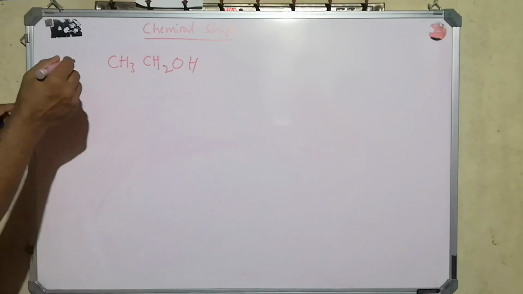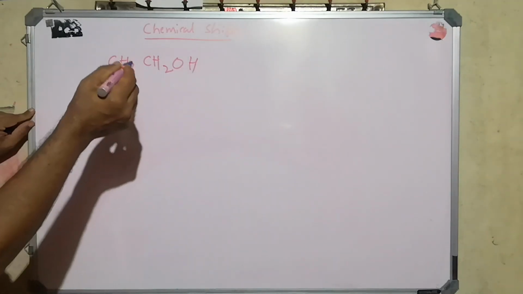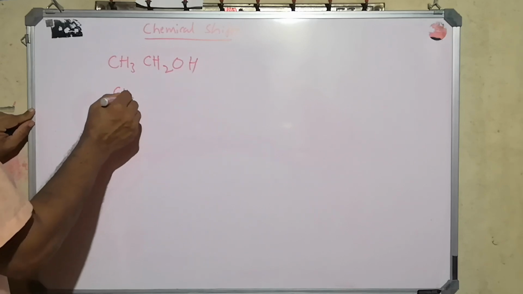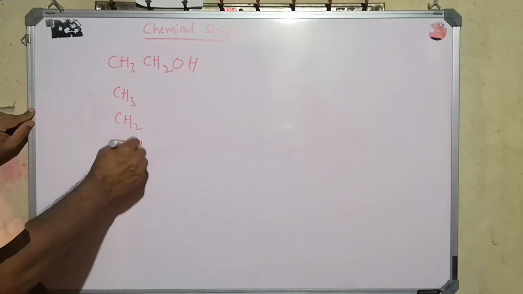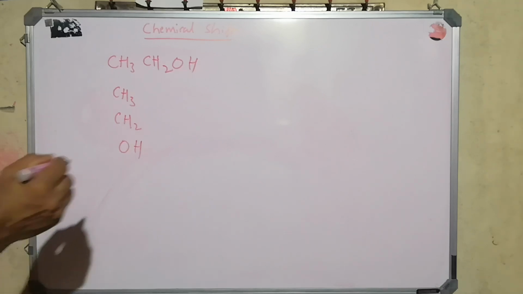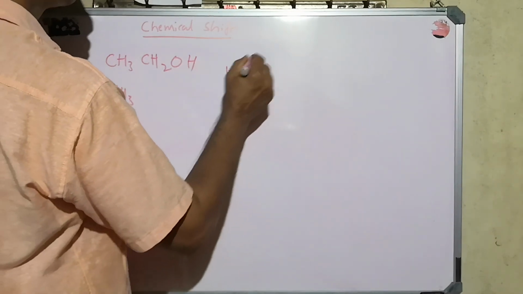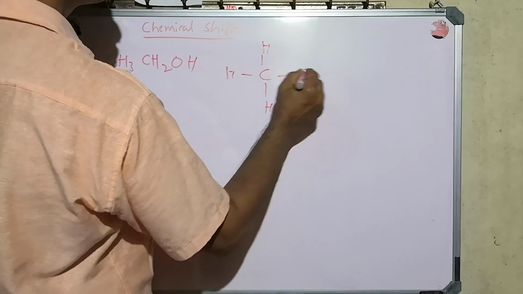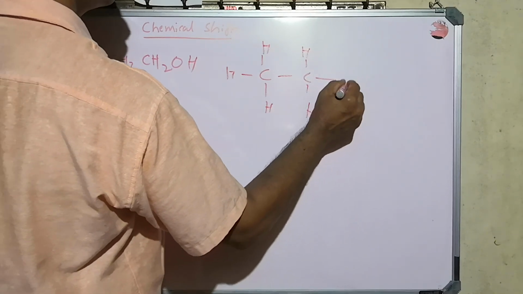The three lines correspond to protons in the CH3, CH2 and OH groups. Here this is C, H, H, H, then this is C, H, H, and this is OH.